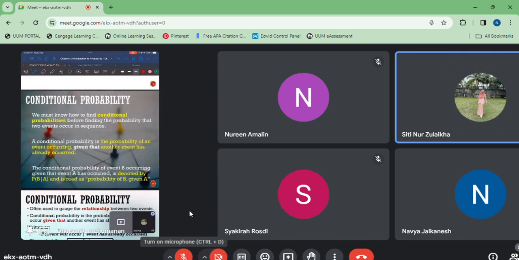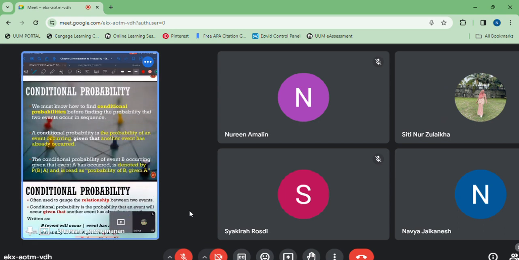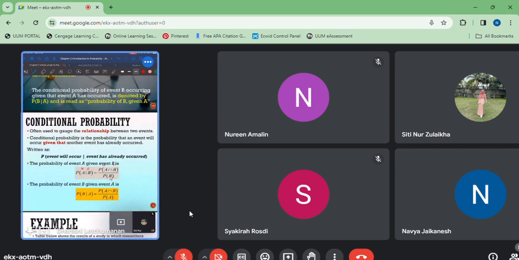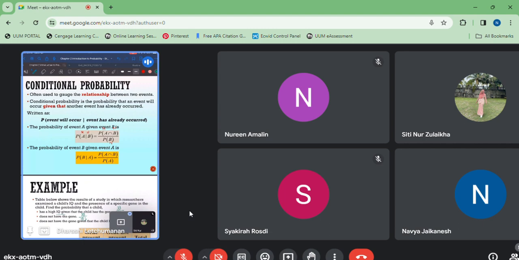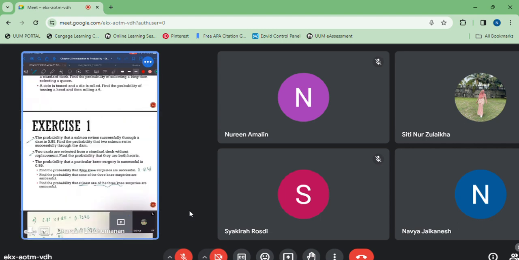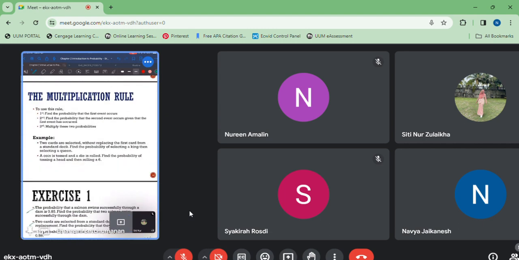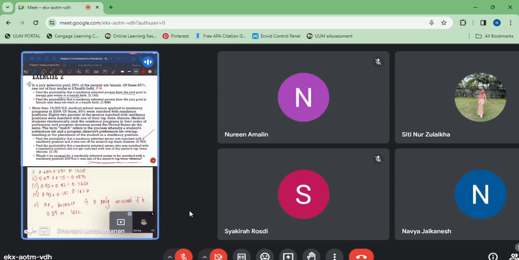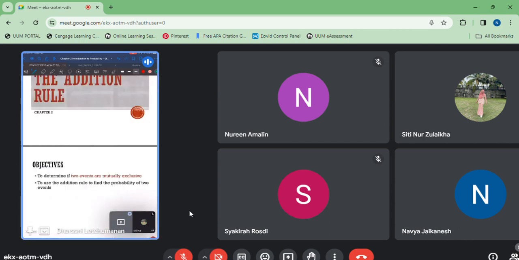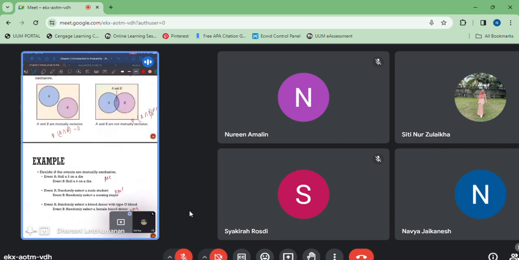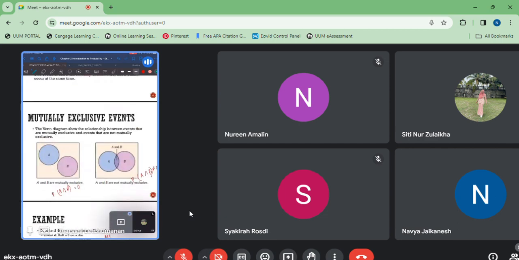Yes. Okay. And then conditional probability, same also. And the multiplication rule also, I read this one just now. That means mutually exclusive also I explained already. Mutually exclusive, the probability of the events intersecting is 0.